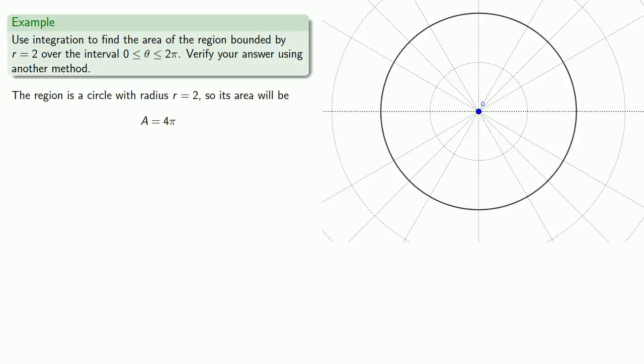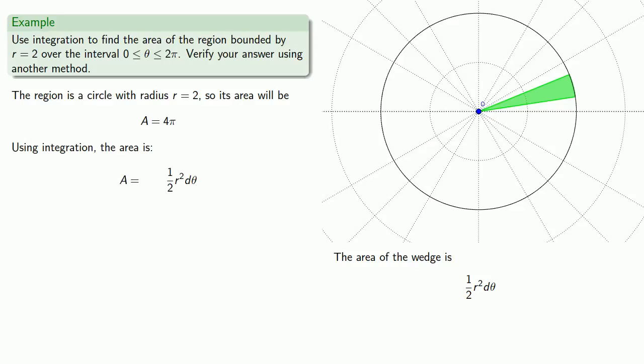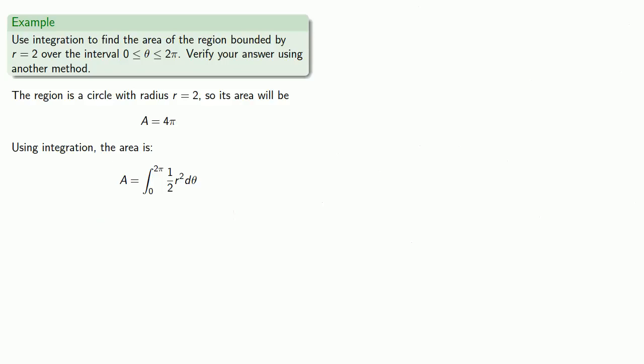To find the area using integration, we'll graph a representative wedge. And the area of the wedge is going to be 1/2 r squared d theta. That's the area of one of these representative wedges. To find the area of the entire region, we need to sum these areas from 0 to 2 pi. Since our differential variable is theta, this is the only allowable variable.